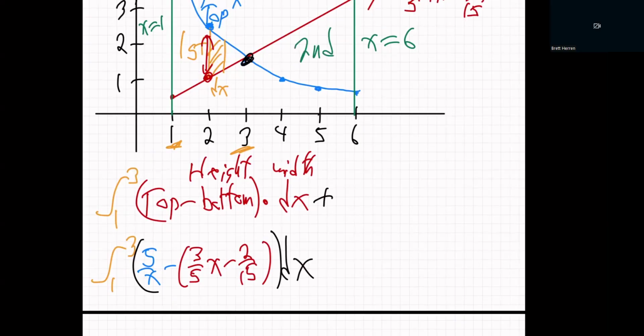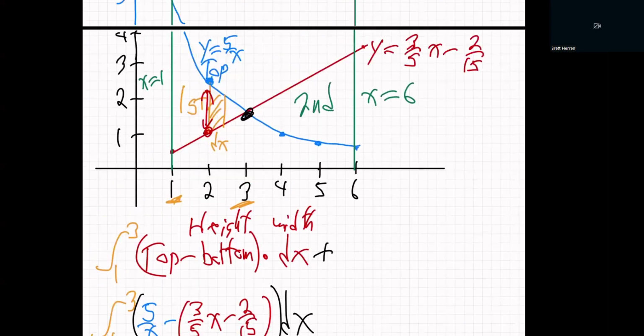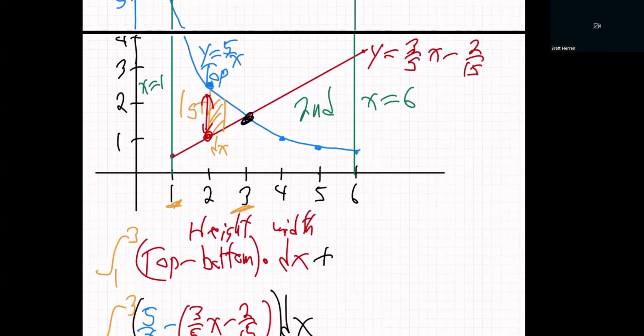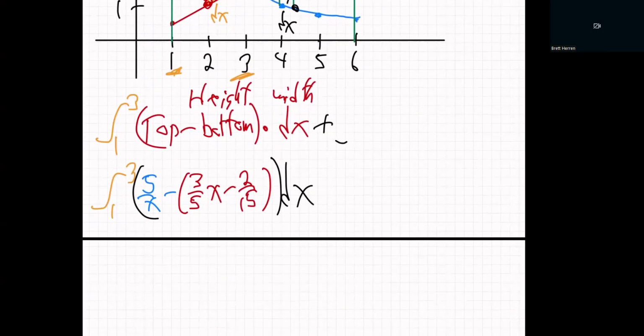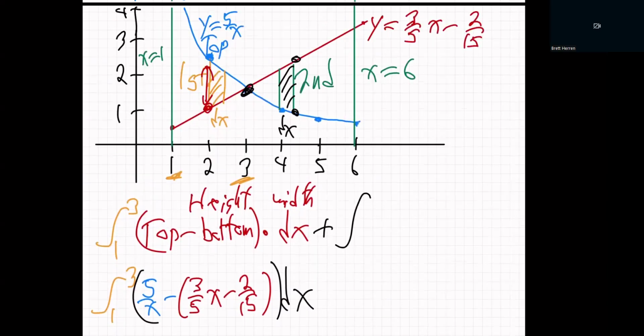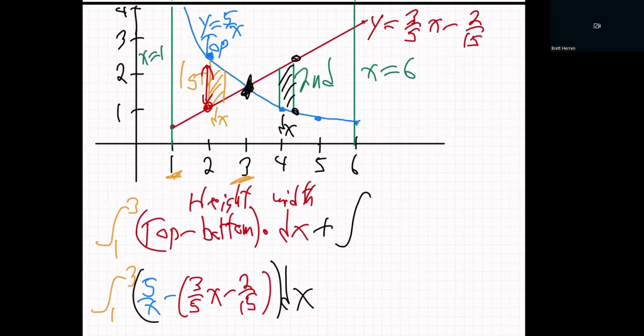Here's the second one. It's this area. In that area, again, we're going to have rectangles that we add up, like this rectangle here. dx is the width. The height will be top minus bottom, but they reverse, don't they?